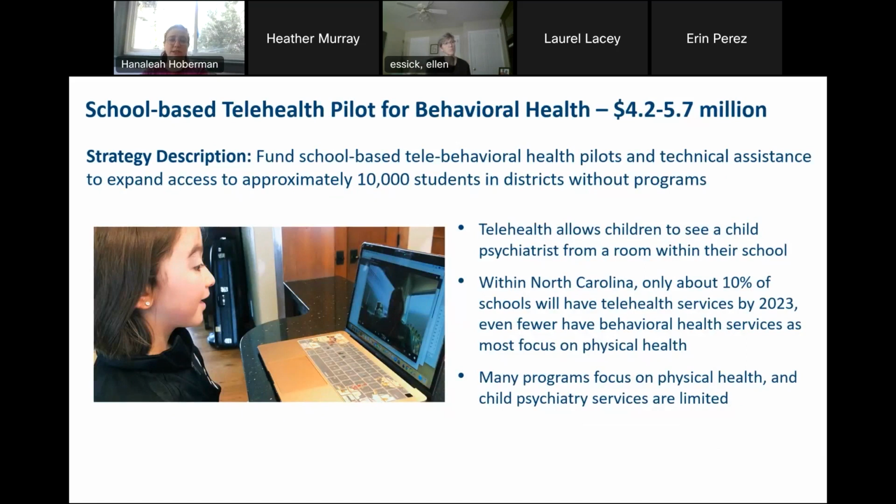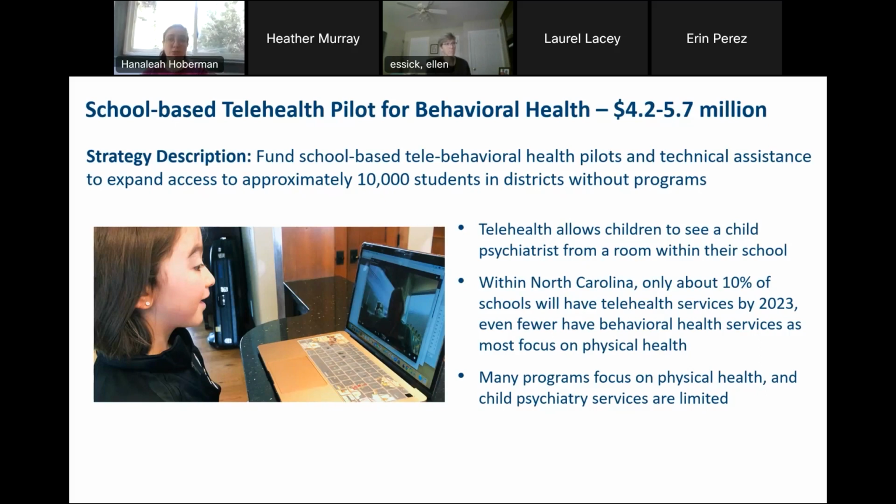And we are very interested in supporting those students who live in rural counties, other under-resourced counties, or whose families may have significant barriers to getting them to the care that is available. And so what we look at here with this strategy is bringing telehealth into schools specifically for the purpose of supporting student behavioral health.